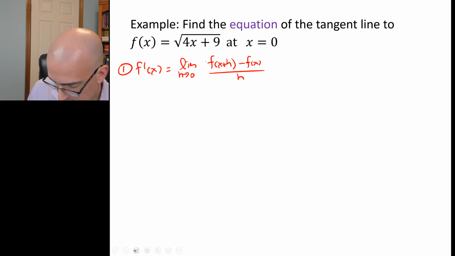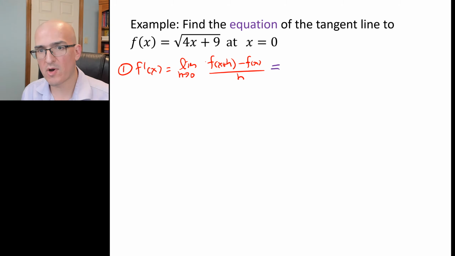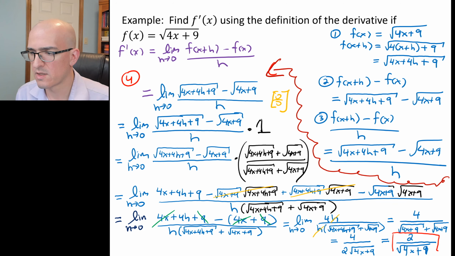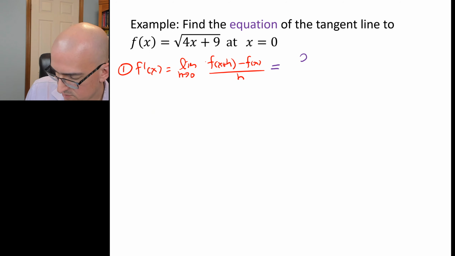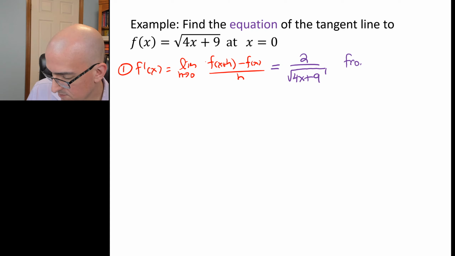And then this was a diabolical calculation. We'll just go back and quote what it was: 2 over the square root of 4x plus 9, from prior slides.